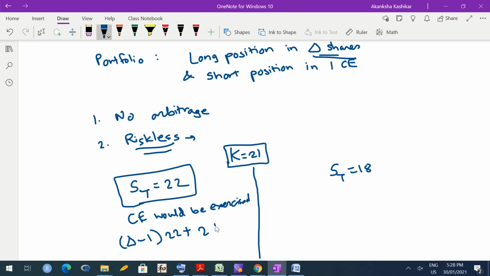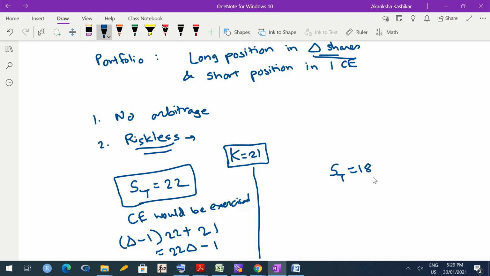So 21 rupees I'll get in cash and I have delta minus 1 shares because only 1 share has been sold. So delta minus 1 shares, each of 22 rupees. Because 22 is the market price, my portfolio worth becomes 22 delta minus 1. Correct? Now what happens when ST is 18?